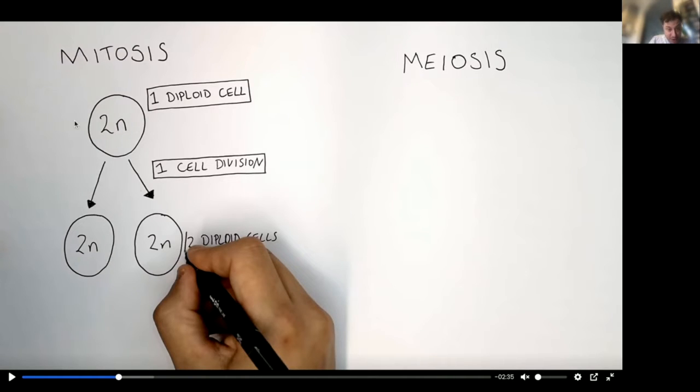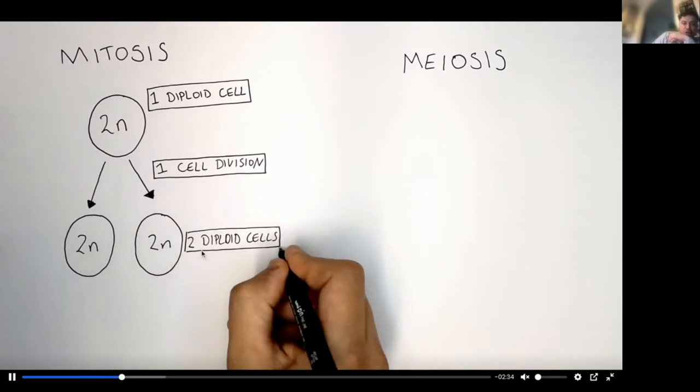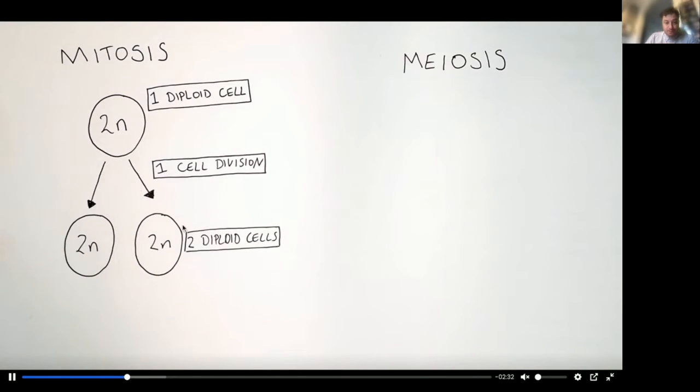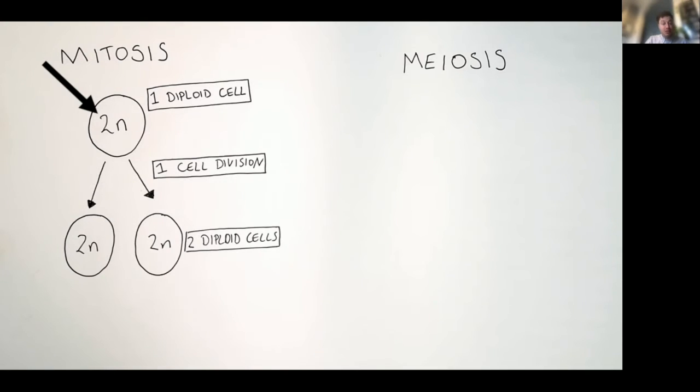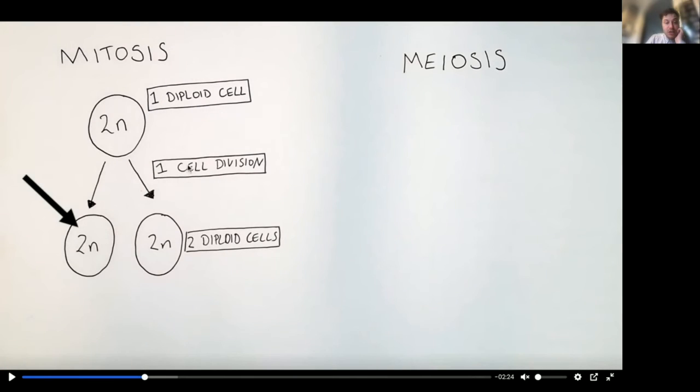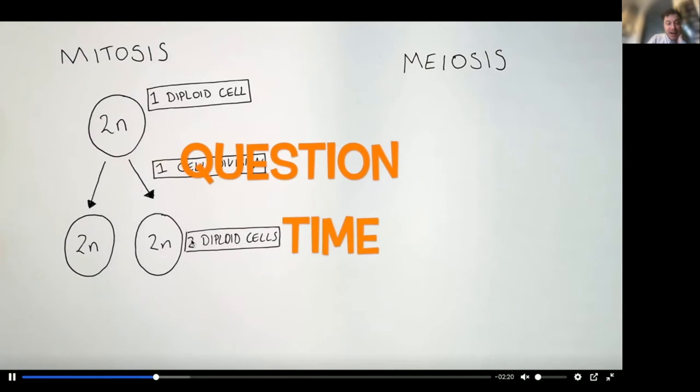You've got one cell here in your body, and you want that to be replicated. You want your skin cells to form other skin cells. All right? So two diploid cells form. So mitosis is when one diploid cell divides once to form two diploid cells that are genetically identical. And these two cells are genetically identical.